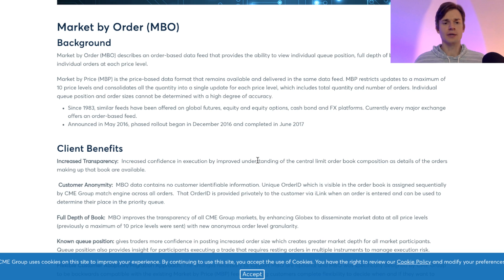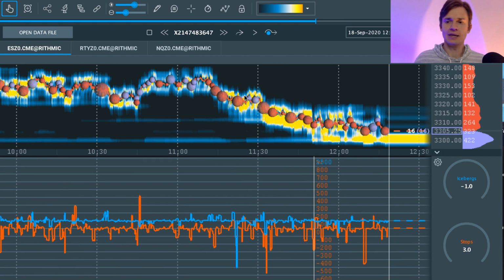Okay, so let's look at what market by order is. So market by order is detailed data of the order types in the book. Okay, now there's a couple other differences. So market by price offers you 10 levels, and by levels of price, I mean over here you would have 10 ticks worth of price levels data. Now you can see I've got multiple points here. That's 5 points, that's 10 points, that's 15 points, that's 20 points.